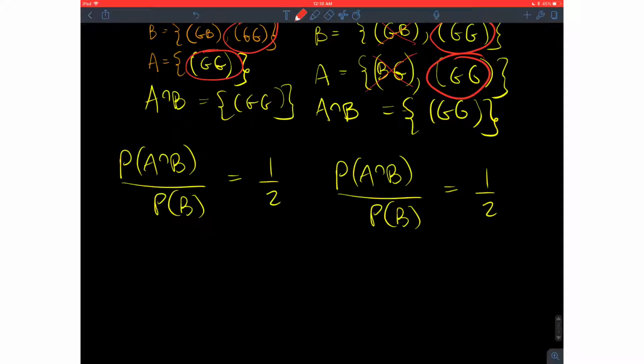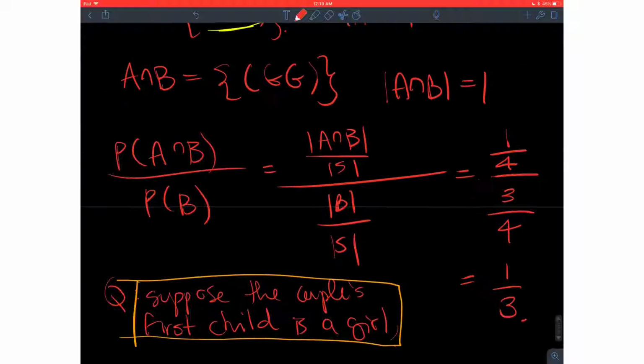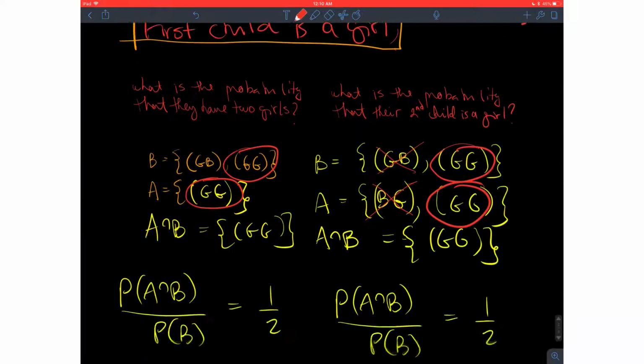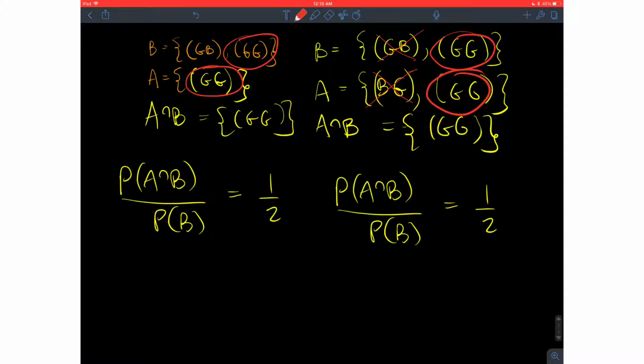If you do the calculation that we did above, it's going to be the cardinality of A and B divided by the cardinality of B. In this case, the cardinality of B is 2.